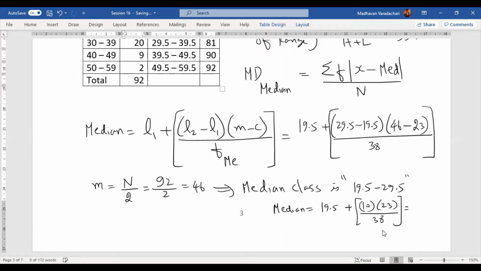So how much is it? 230 divided by 38. So it is 6.05 plus 19.5. We get 25.55 something. I'll make it 25.6.